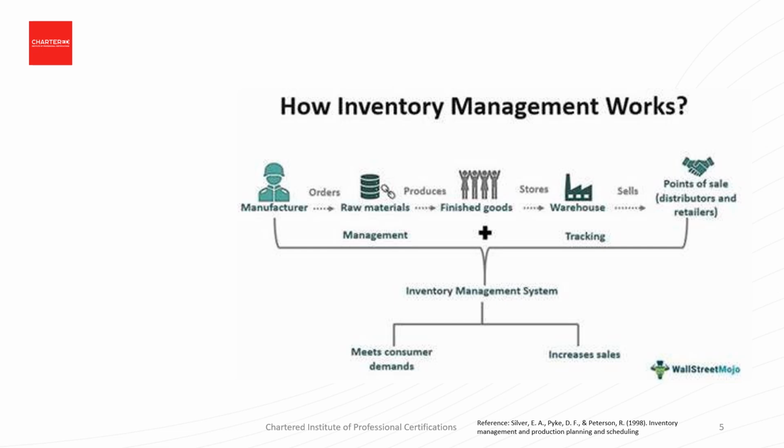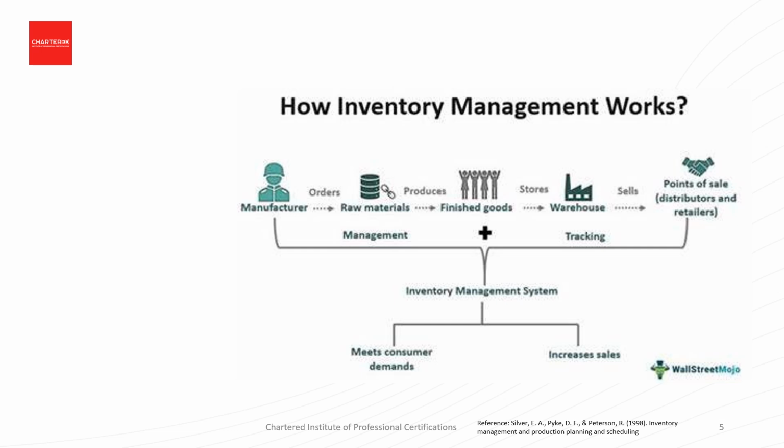Now, inventory management is a crucial aspect of supply chain optimization. It involves the careful control of inventory from manufacturers to warehouse and from these facilities to point of sale. The primary goal of inventory management is to ensure an adequate supply of goods or products to meet customer demand while minimizing inventory costs.